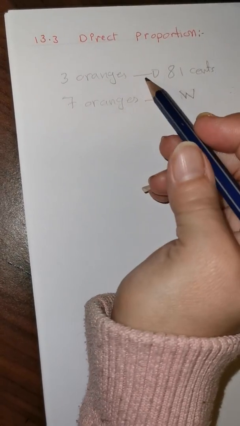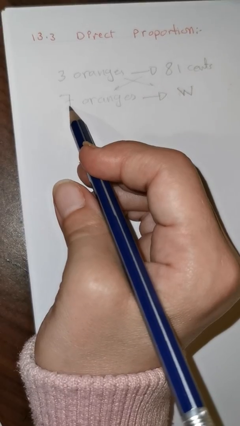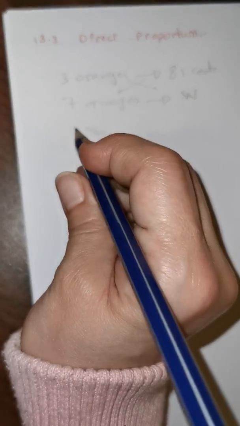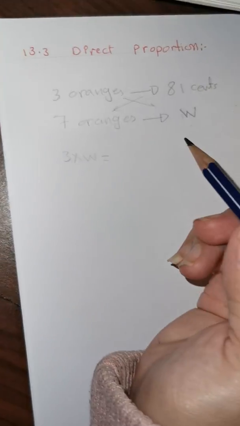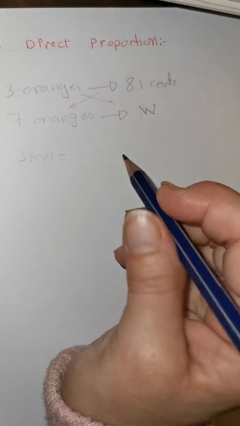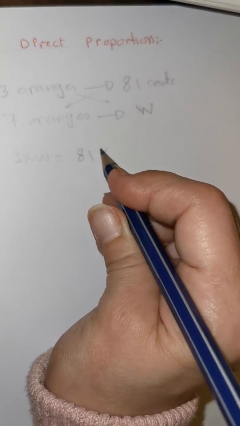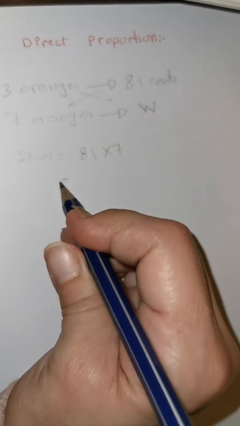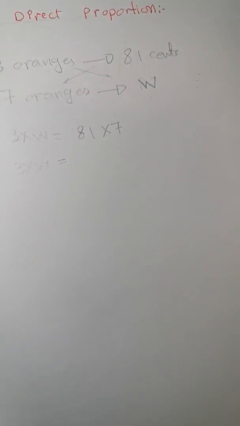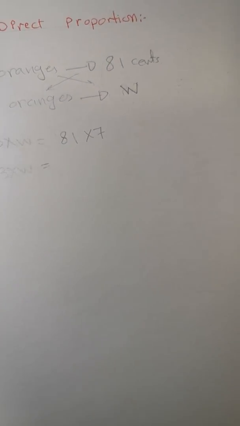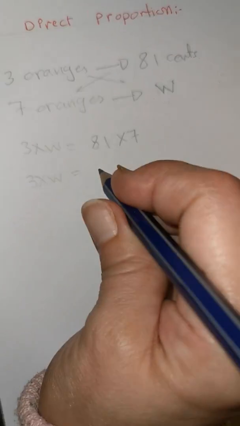By cross multiplication, 81 times 7 is equal to 3 times W. So 3 times W is equal to 81 times 7. Simplify: 3 times W is equal to 567.